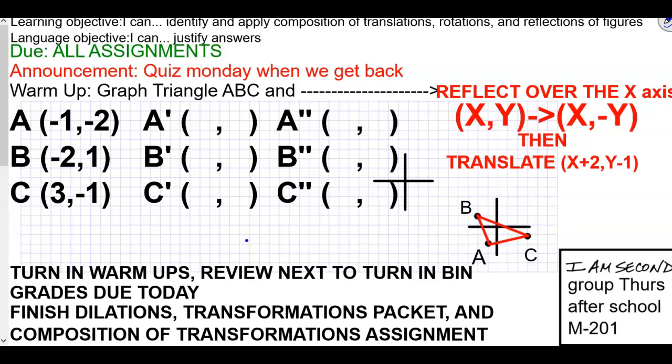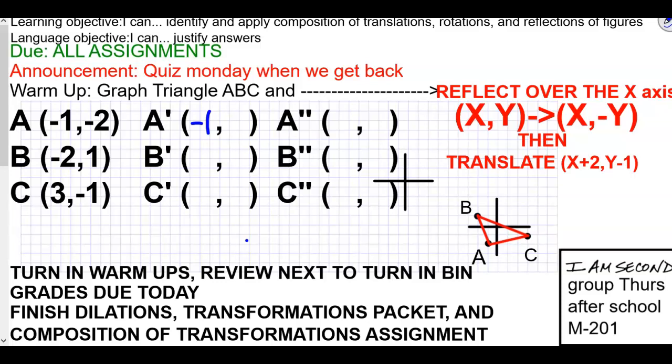So if we start with -1, -2, the x stays the same. So if this is -1, this will be a -1. However, look here, plain old y changes to a -y. The -y just means change the sign. So if we start with a -2, we'll keep the 2, change the sign.